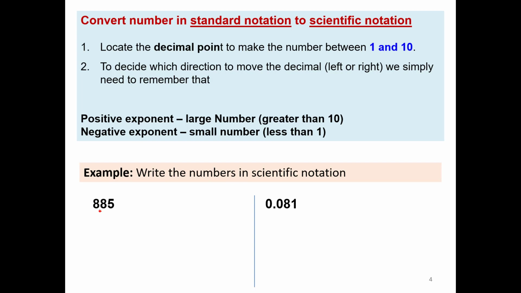How many places? 1, 2. We always move from the point we want toward the actual decimal point, which is at the end because it's an integer, 885. Then we need to move 1, 2. Because this number is greater than 1, we know the exponent must be positive.